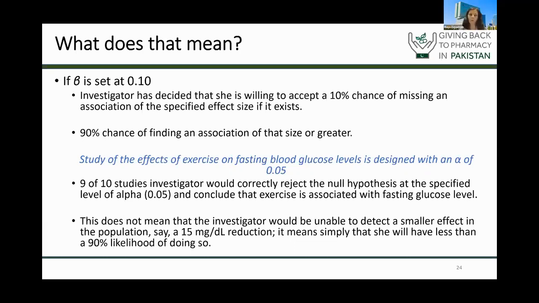Now, that one study, that 10%, may find a reduction of 15 milligrams per deciliter, which is not wrong, except it's not what you want. So that one study is not wrong, it just does not give you the same level of significance or the same size of the effect that you're looking for.